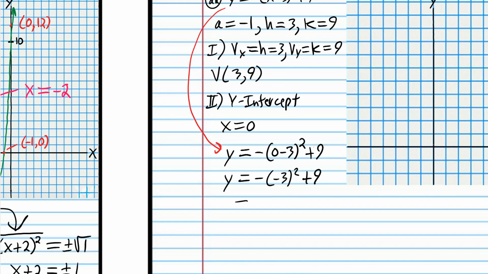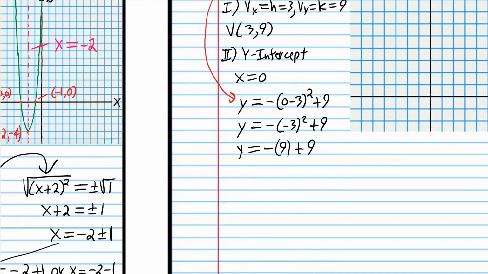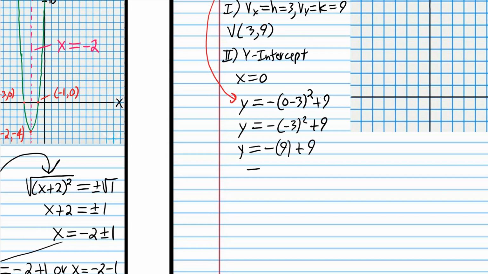And negative 3 squared is positive 9. And of course, negative 9 plus 9 is 0. You don't really need those parentheses anymore on the 9. So the y-intercept is (0, 0).